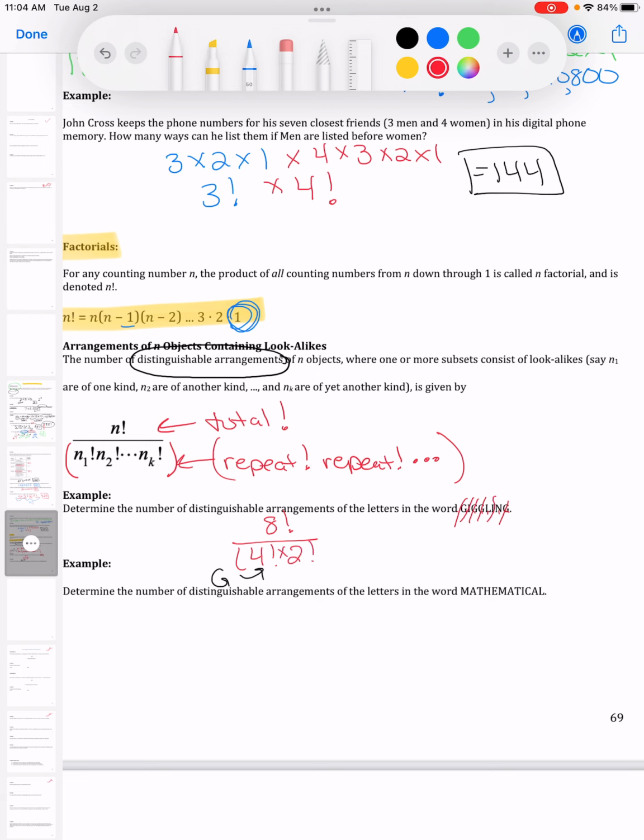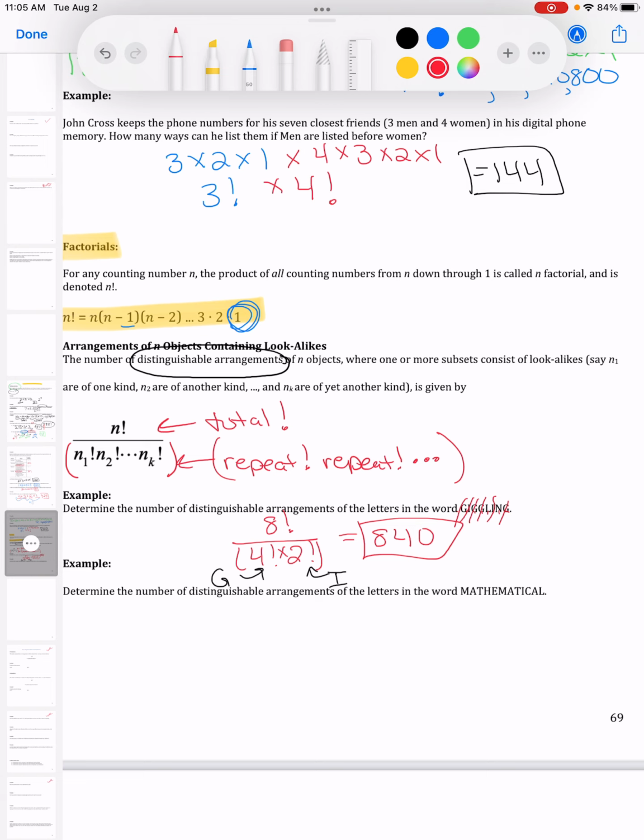You can put a multiplication there. Some calculators force you to put a multiplication in between them, and other ones don't care. So it's usually the smaller ones that care that you put a multiplication. I would suggest typing this in all at one time. You don't always have to do that, but sometimes the numbers are so big the calculator can't handle them unless you do it all at once. So this is going to be 840.